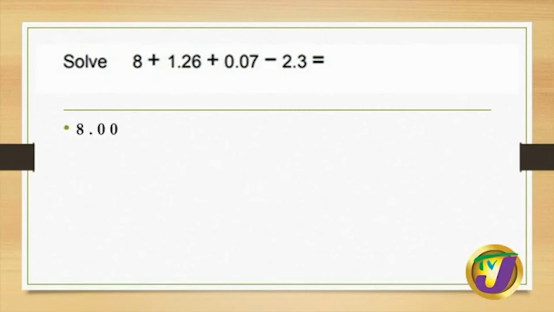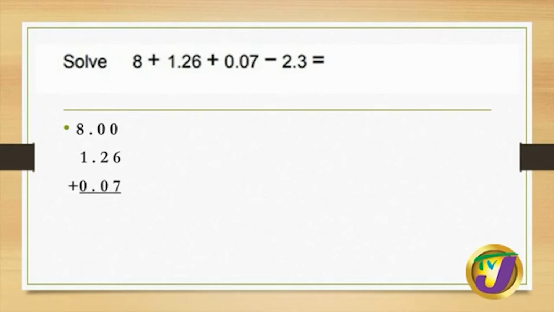So we have 8. 8.00 is still 8, but because we also have other numbers with decimal places, I've written 8.00 to represent the 8. 1.26, pay attention to how I'm lining up my numbers, and I have 0.07.